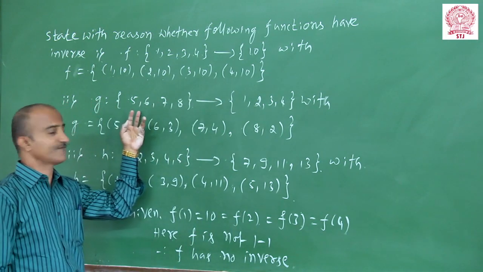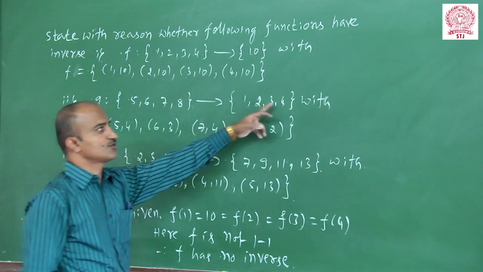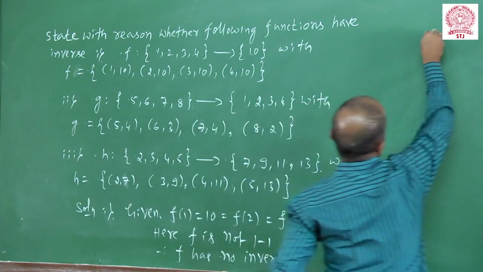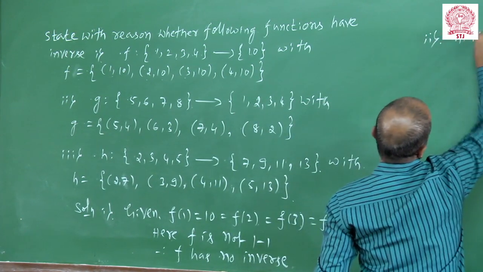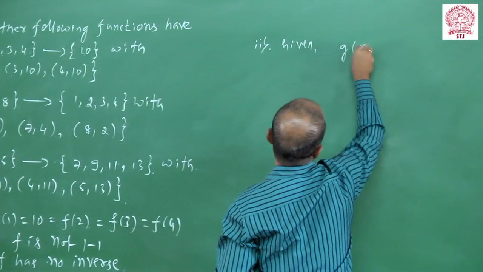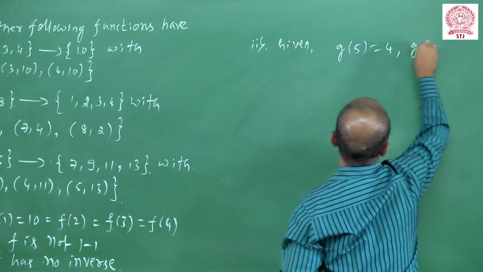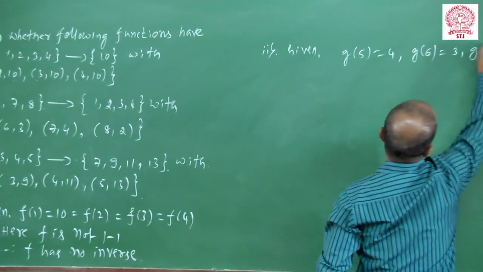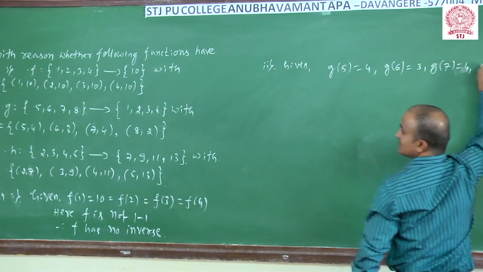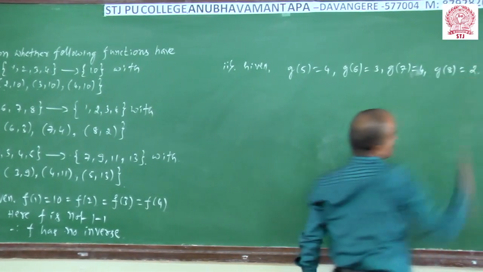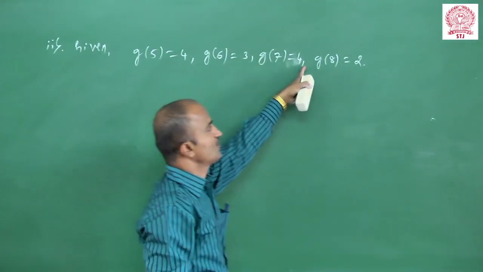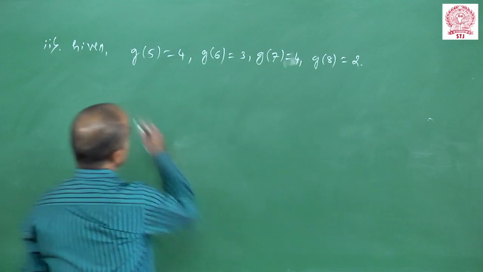They have g defined from the set {5, 6, 7, 8} to {1, 2, 3, 4}, where g of 5 is 4, g of 6 is 3, g of 7 is 4, g of 8 is 2. Image of 5 is 4, image of 6 is 3, image of 7 is 4, image of 8 is 2.